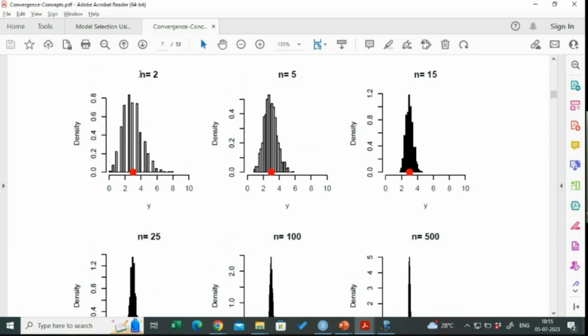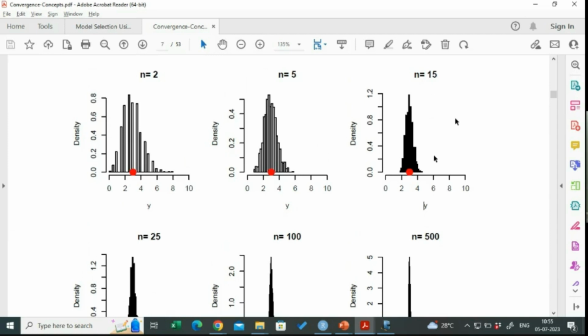That means we have taken a random sample of size 2, and I told this to be done by 100 students. So this is the distribution that we are looking at. Then I take n equal to 15. So I instructed 100 students to randomly select 15 values, calculate the average, and give me those values.